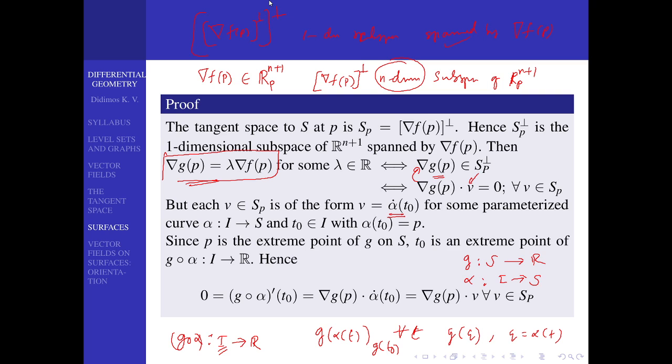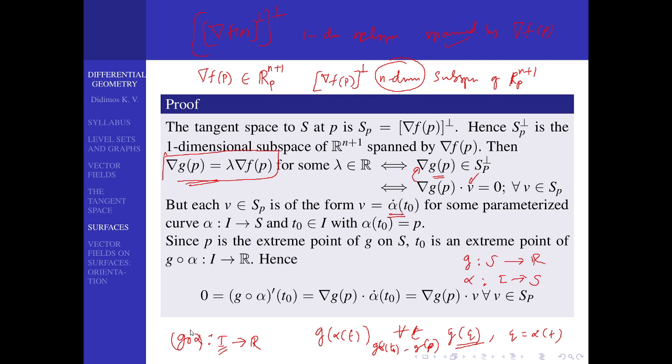So the set of all G of alpha of t contains the point G of alpha of t naught, that is G of P, and for any G of Q, G of P has the extreme value.